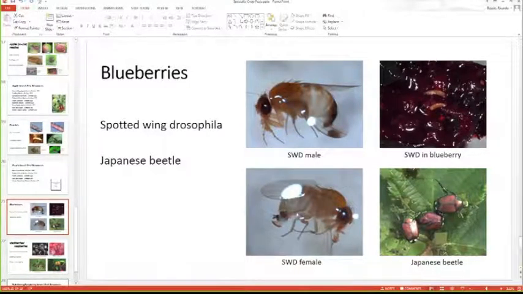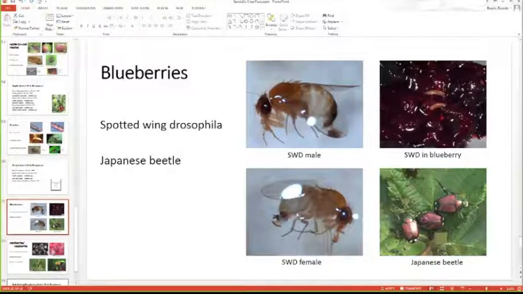But when they do have to treat, it's going to be during the harvest period. It's when those berries start to turn color that they become susceptible to the egg-laying damage. What we want to avoid with spotted wing Drosophila is having live larvae inside the fruit that goes to our customers, because you can ruin customers very quickly when you have something like that.